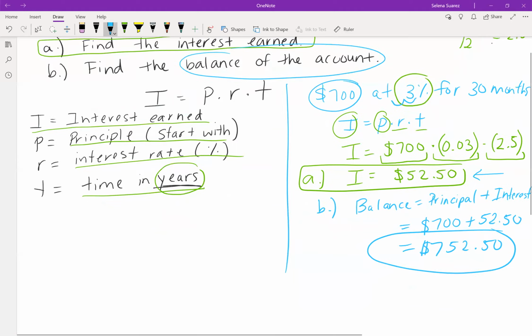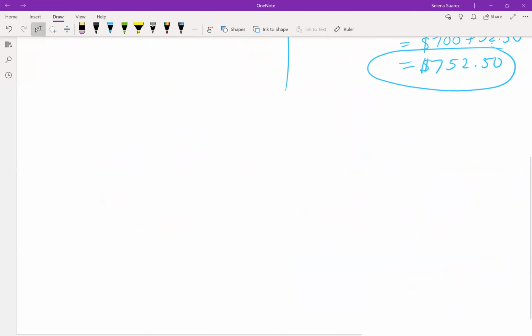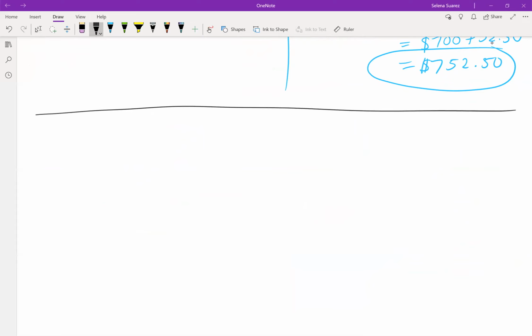Now, for some of these problems, they actually have you solve for a missing variable. So let's say you have an example where they tell you the interest earned is 192. They tell you the principal is $800.